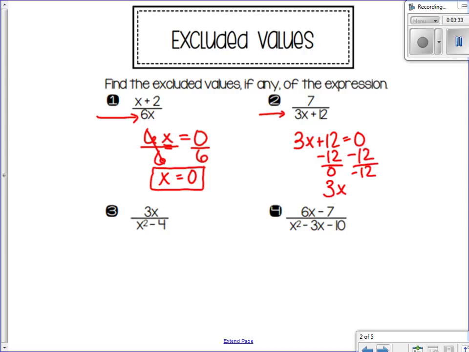Now we got 3x = -12. The opposite of 3 times x would be to divide by 3. So if we divide both sides by 3, negative 12 divided by positive 3 is going to give me negative 4. So that means the excluded value for number 2 is negative 4.